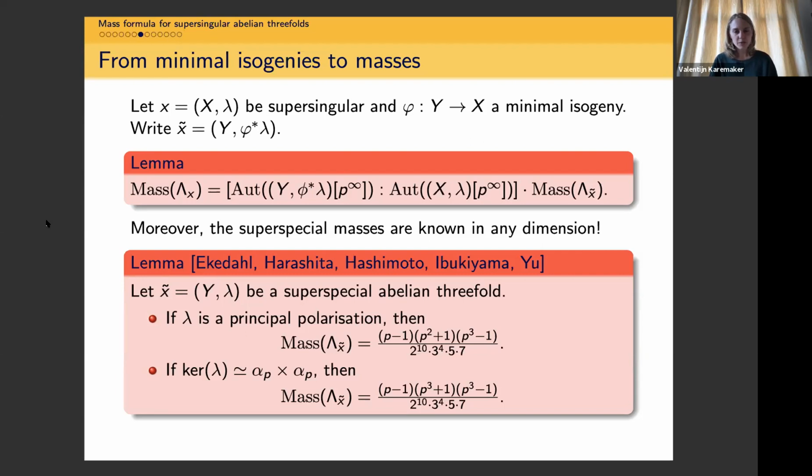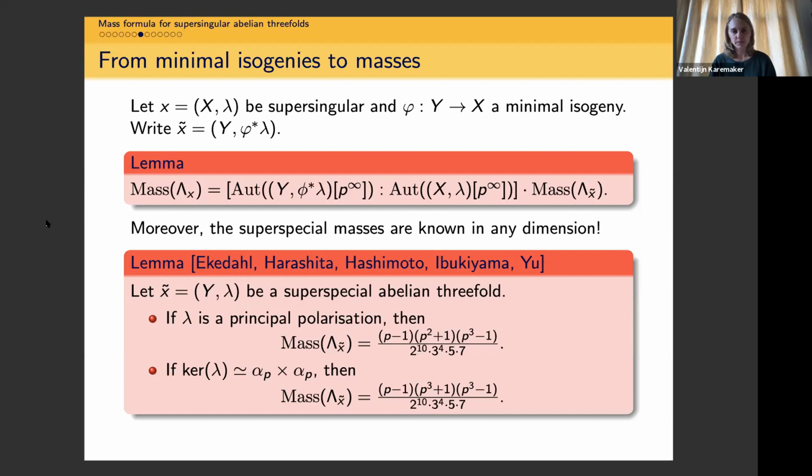So if we start with a superspecial abelian threefold, then its polarization lambda is either principal, in which case Lambda of X actually consists of all principally polarized superspecial threefolds, and its mass is as given. And if the kernel of its polarization is alpha_p squared, the other option, then Lambda X is again the set of all isomorphism classes of superspecial threefolds with that kernel of polarization, and its mass is as given as well.